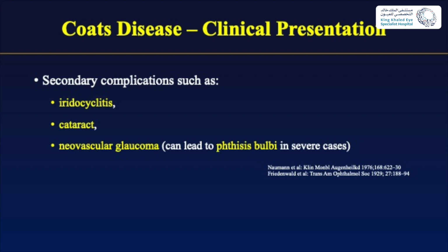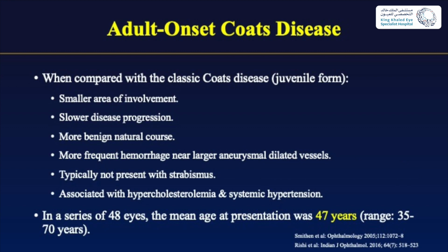So this is one mechanism. The second mechanism is the posterior pushing mechanism, by which the exudative retinal detachment will push the iris-lens diaphragm and will close the angle, causing angle closure glaucoma. So this is another mechanism by which Coats disease patients will have glaucoma.